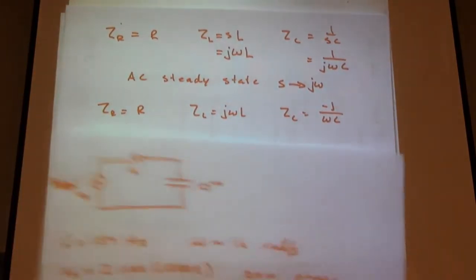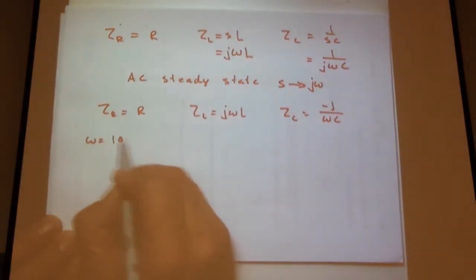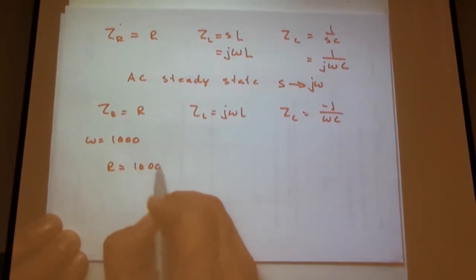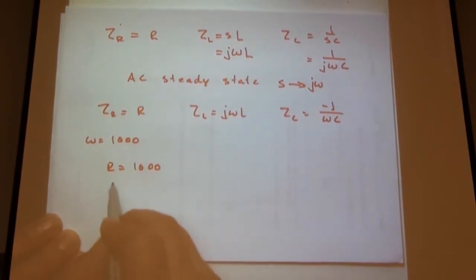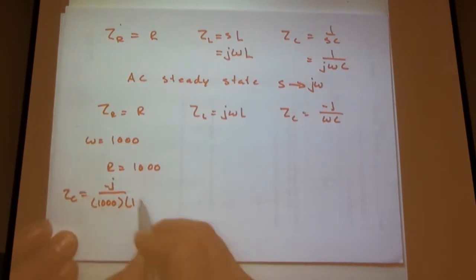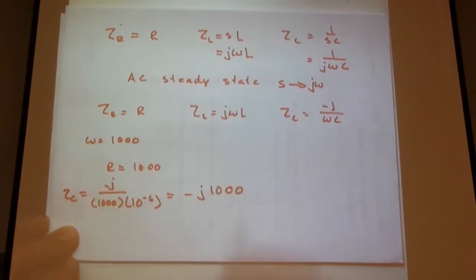So coming back to our circuit, well, we had omega equals 1,000. R is still 1,000. That was given. And minus J over 1,000 times 10 to the minus 6, so ZC again gives us a minus J 1,000.